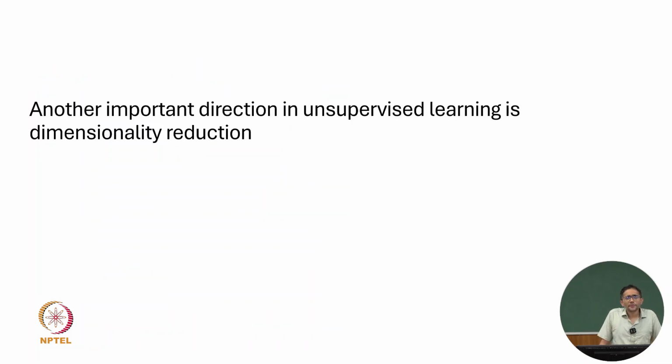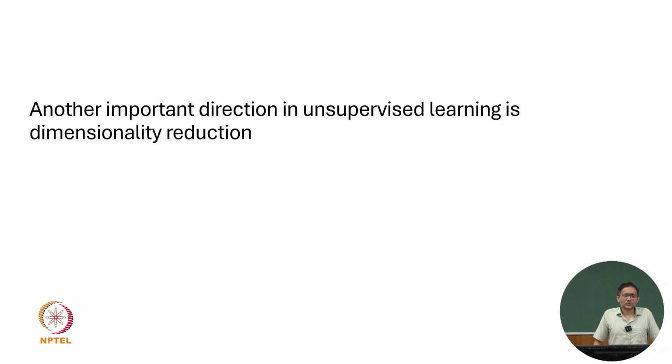So another important direction in unsupervised learning is dimensionality reduction. Again, a very important problem statement. We'll see some of the areas where it's very crucial, like hyperspectral image analysis. And indeed, dimensionality reduction is often part of deep architectures as well.